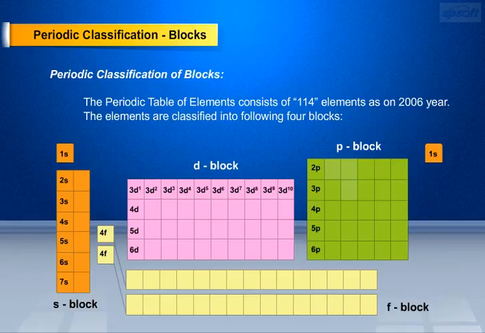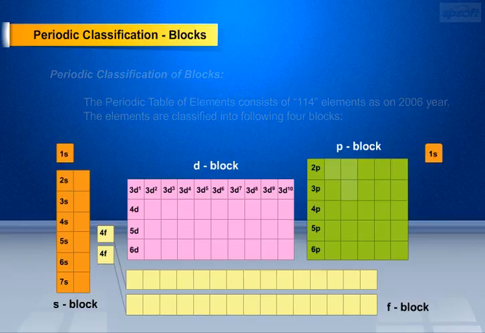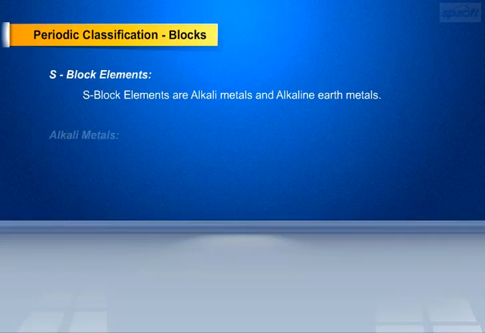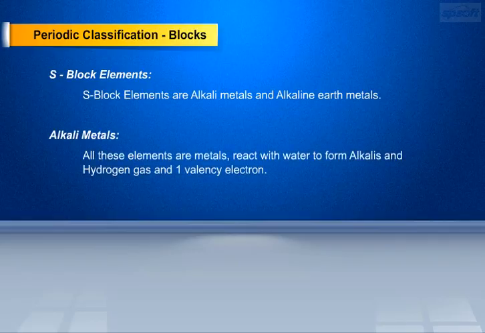Elements consisting solely of S and P electrons in the outer shells are classified as S and P block elements. S block elements. S block elements are alkali metals and alkaline earth metals. Alkali metals. All these elements are metals, react with water to form alkalis and hydrogen gas, and have one valency electron.